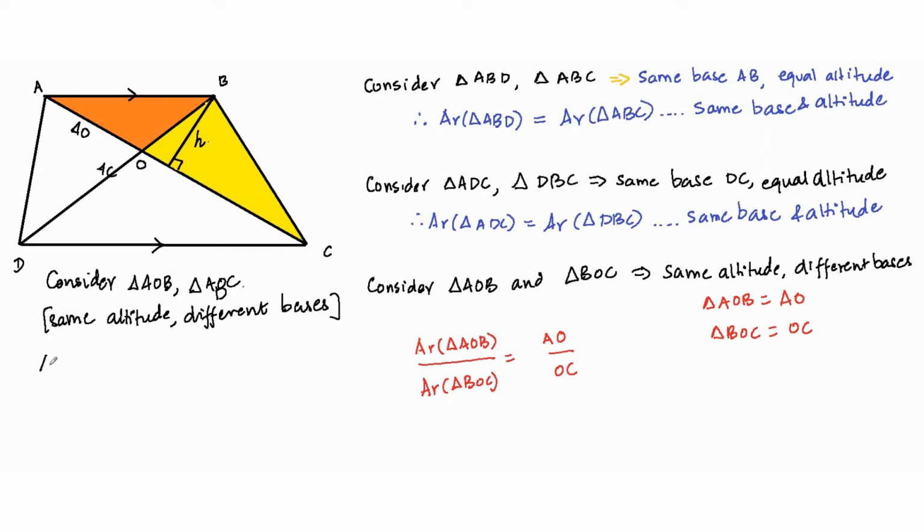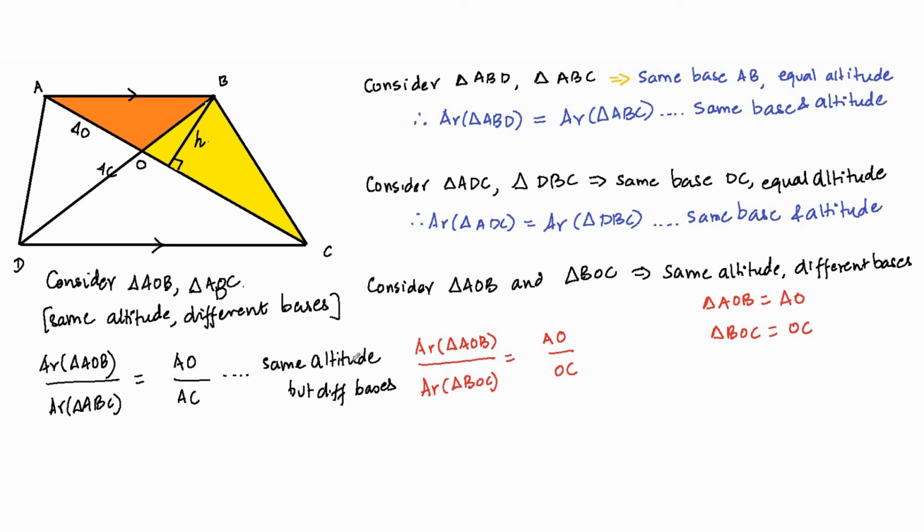So now I can say that area of triangle AOB divided by area of triangle ABC is given by, so AOB has a base of AO and ABC has base of AC, and that is why the ratio of their areas is AO by AC. Again, because these two triangles have the same altitude but different bases.